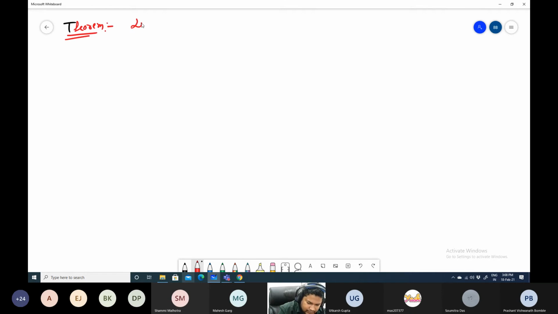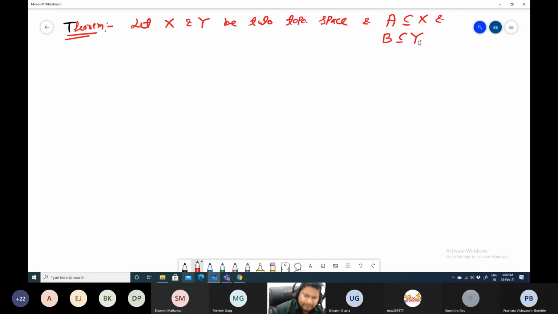So first of all, let X and Y be two topological spaces and A subset of X and B subset of Y.